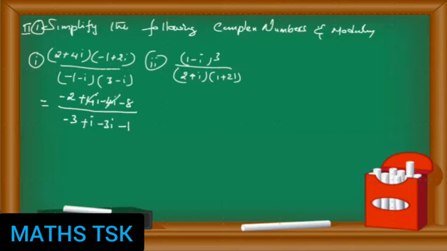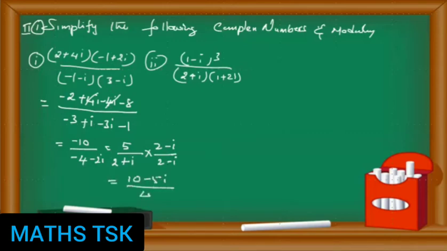Cancelling, minus 10 by minus 3 minus 1 is minus 4, minus 2i. Cancel with the 2, we have 5 by 2 plus i. Multiply and divide with 2 minus i, so I can write it as 10 minus 5i by 4 plus 1. Divide with the 5, and we get 2 minus i as the answer.